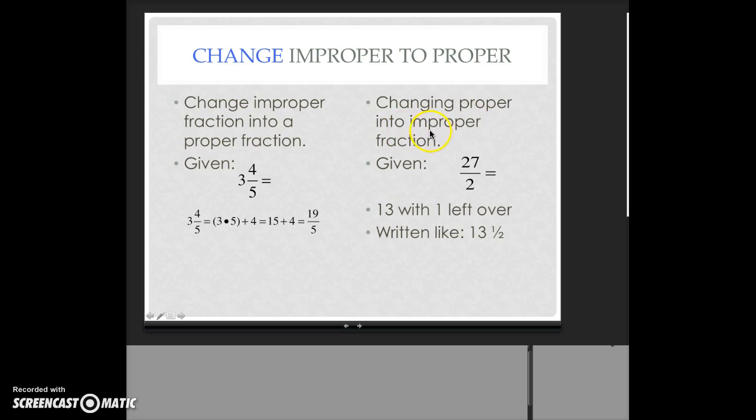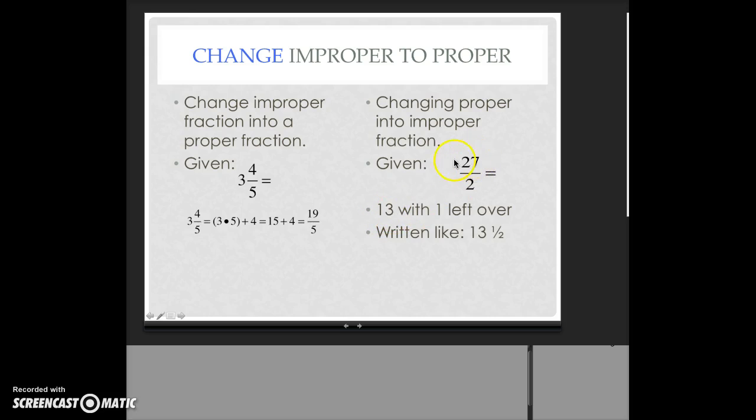Changing improper into mixed. So here we have the improper, and we're going to put it in mixed form. So really this is changing from the improper to mixed. So if I take 27 halves, for example, 27 halves is the same as dividing these two, and 2 doesn't go into it evenly because it's not an even number, but it can go into it 13 times, which is 26.